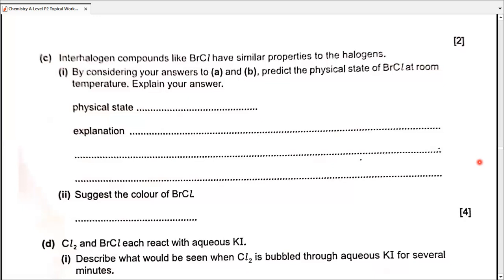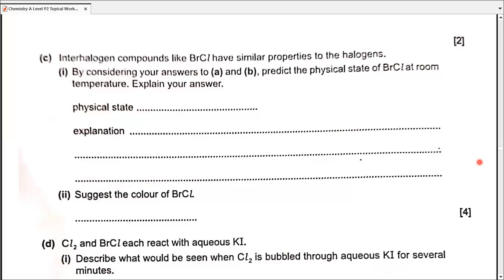I explained the intermolecular forces between the Br2 and BrCl. According to that, that would be a very good approach. The intermolecular forces between the BrCl molecules are not strong, so they require no greater energy.